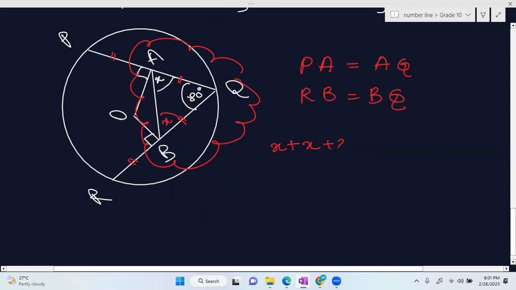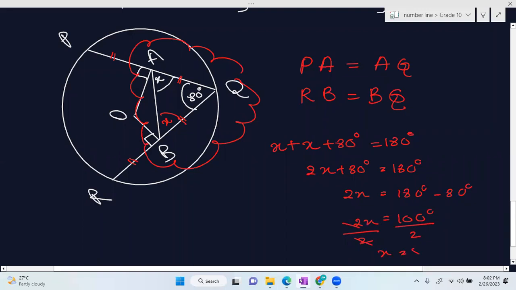So 2x plus 80 equals 180. That means 2x equals 180 minus 80. Then 2x is equal to 100. So then x is equal to 50 degrees.